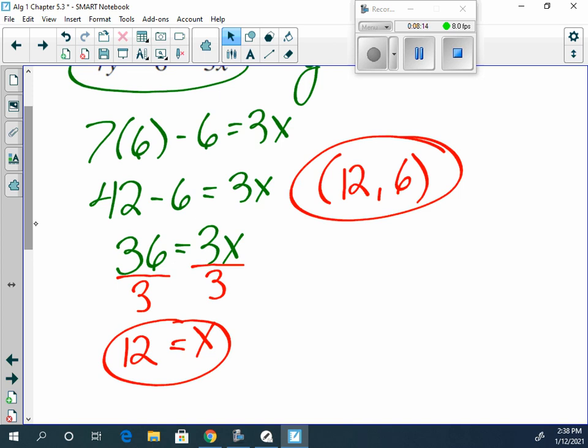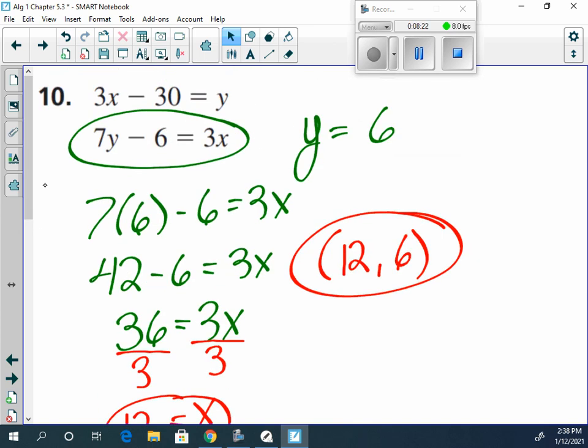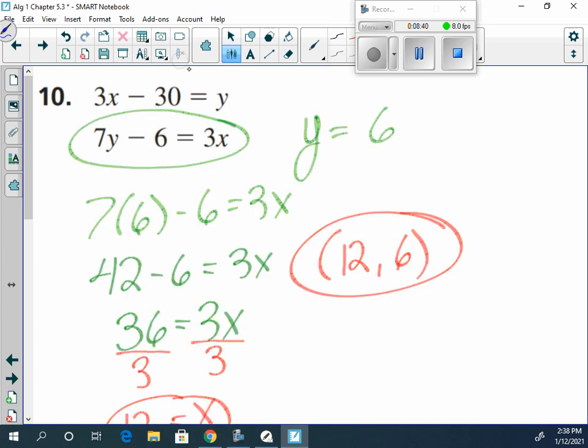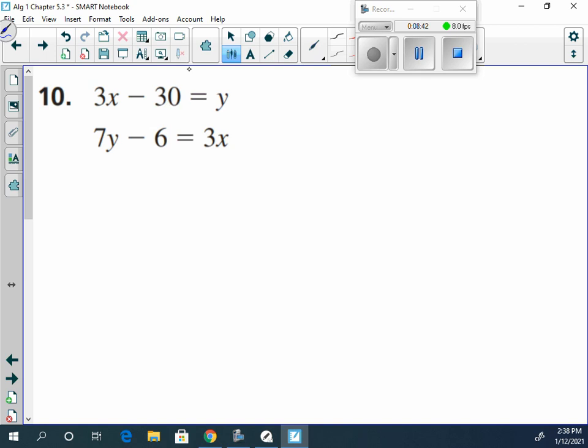Any questions on any of this so far? We good with this? Now, if I were doing this and I could use any method I wanted, graphing, substitution, or elimination, I would be more inclined to do substitution than elimination, because with substitution we need a variable by itself, yes?